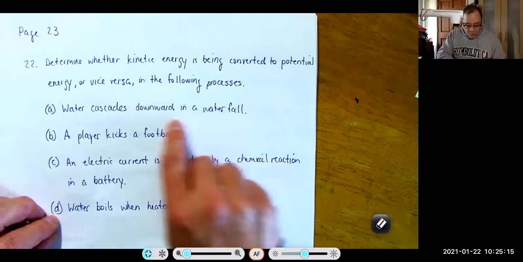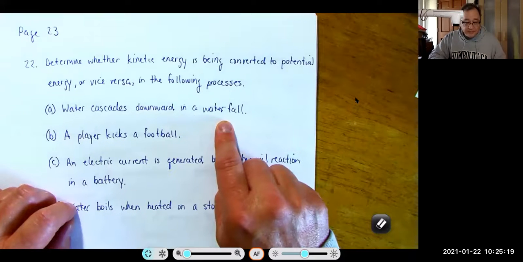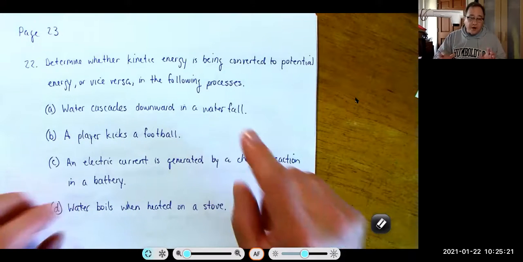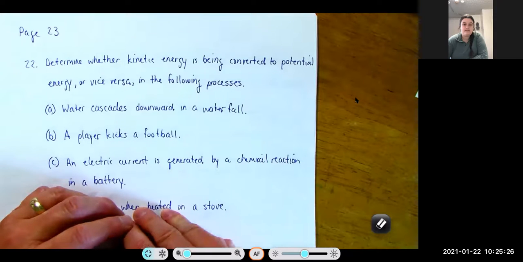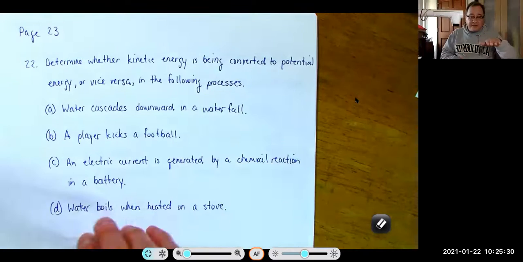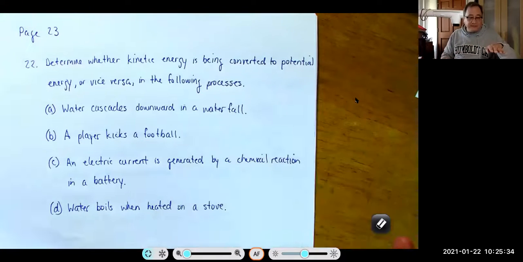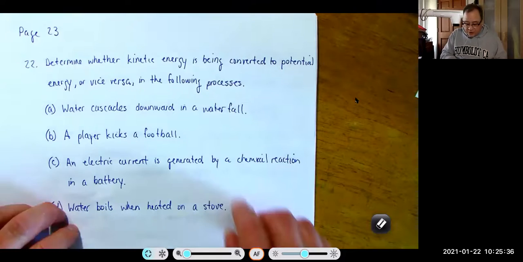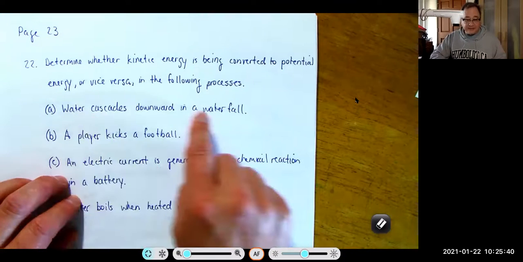If they had written water cascades downward into a pool of water, I would say the pool of water is potential energy because it's not really moving. And the pool has potential because it's at a higher level, and therefore the water will flow out of it if need be. So this, I think, is worded poorly. It's actually kinetic energy and kinetic energy.